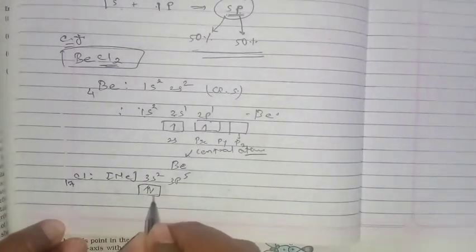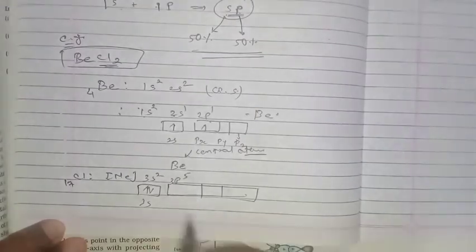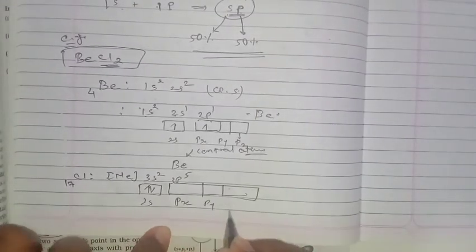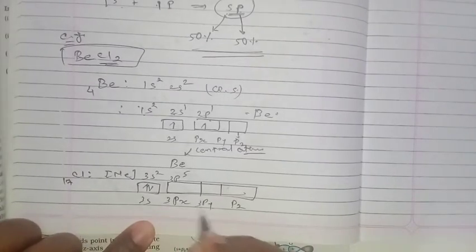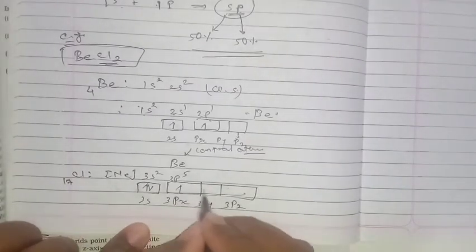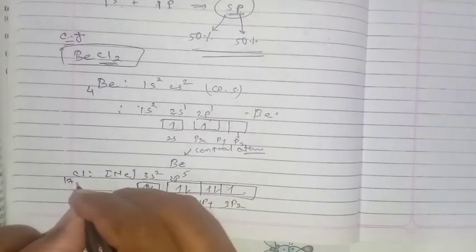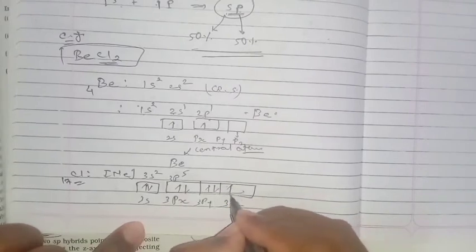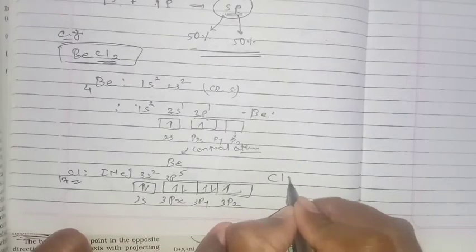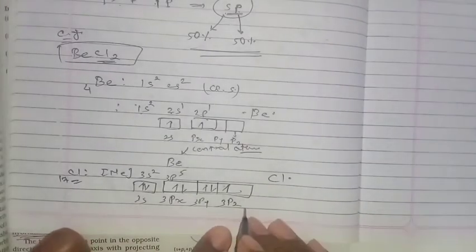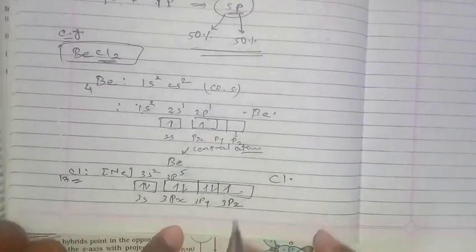In the 3s orbital there is a paired electron, and then the 3px, 3py and 3pz orbitals hold 1, 2, 3, 4 and 5 electrons. That means the chlorine atom has a single, or one unpaired, electron.